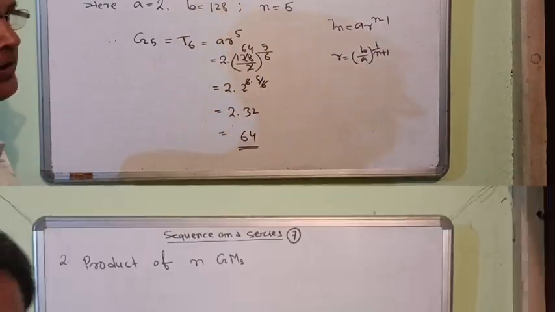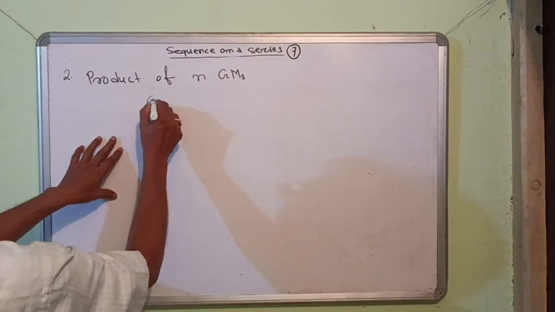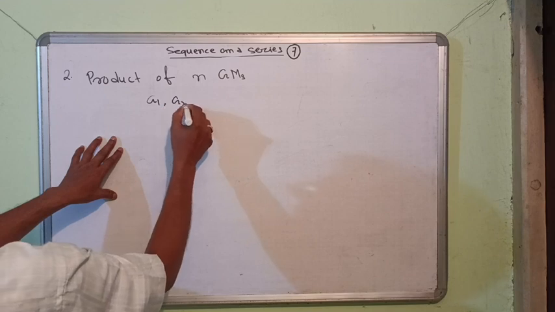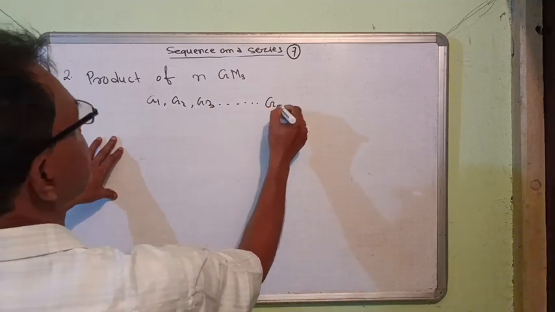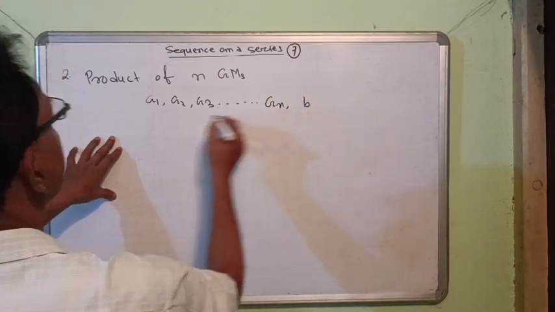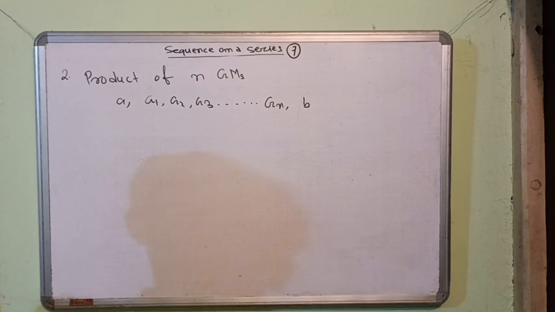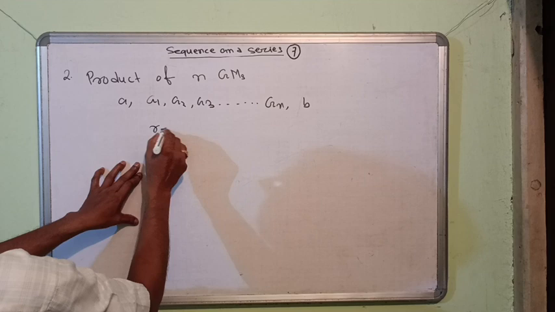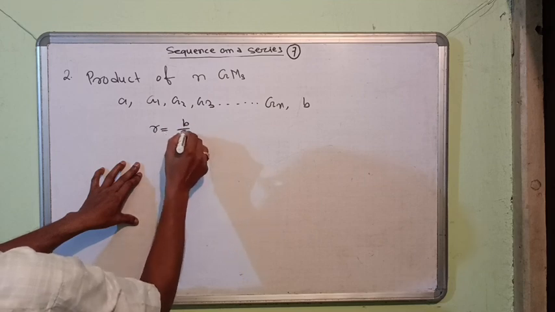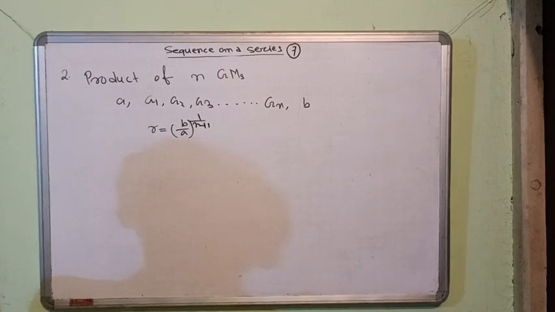Now to discuss the product of n GMs. Let the GMs be G1, G2, G3 ... Gn between A and B. Already we have discussed in the earlier theory that R is equal to (B by A) whole to the power 1 by n plus 1.